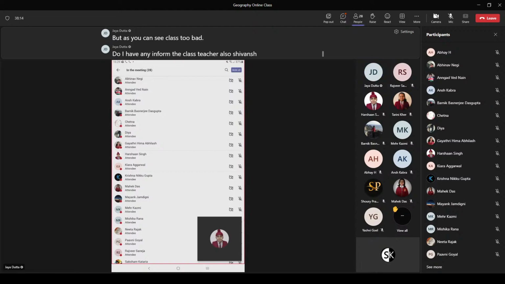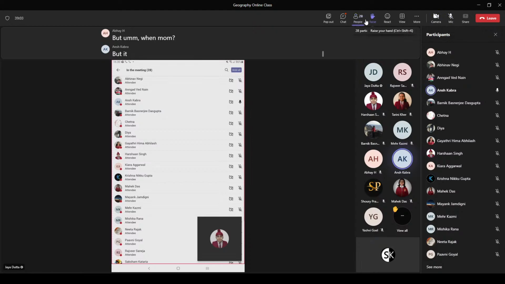Shivansh Kaushik. Absent. Okay. Mayank is present. Angad is present. Yes, ma'am. Saksham Kataria present. Hiranya present. No, ma'am, she's absent. Okay. Shivam. He is unable to log in. Yashvi. Present, ma'am. Okay. Abhay. Present, ma'am. Ansh.